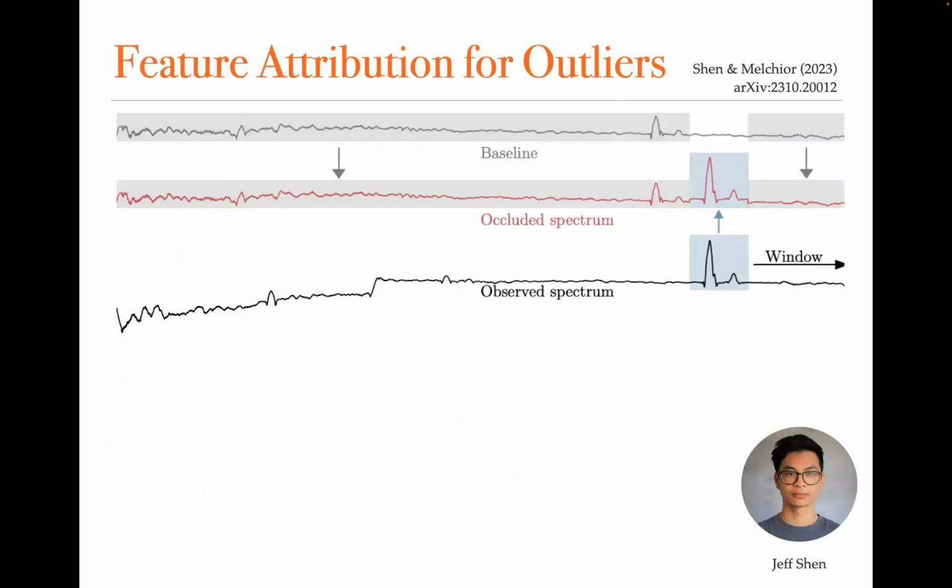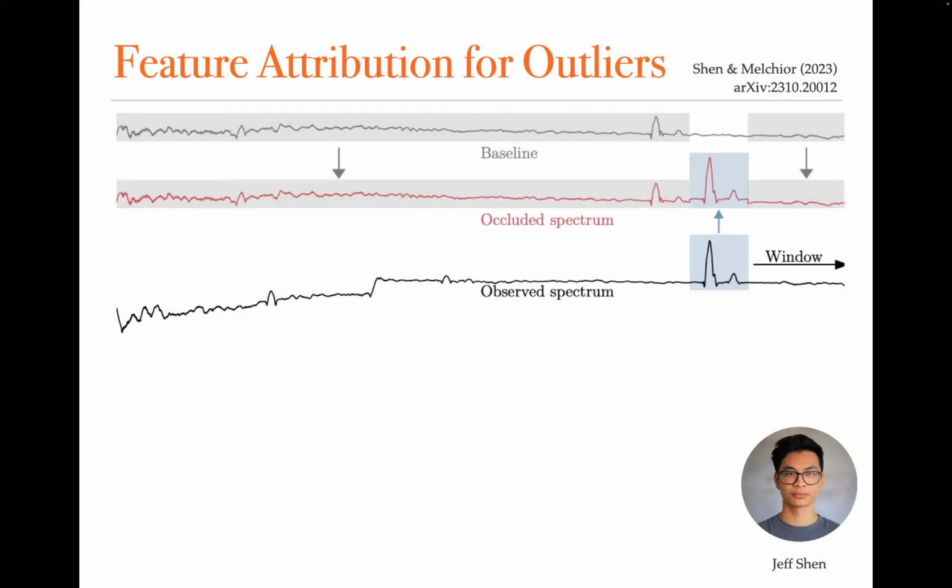Brings up an interesting question, namely, how do we find those outliers? How do we know what is outlier-ish about the outliers? And so we have a work with Jeff Shen on doing feature attribution. I won't go into details, but I can briefly show you the approach. We take a baseline spectrum that looks relatively close to the one that we are looking at.